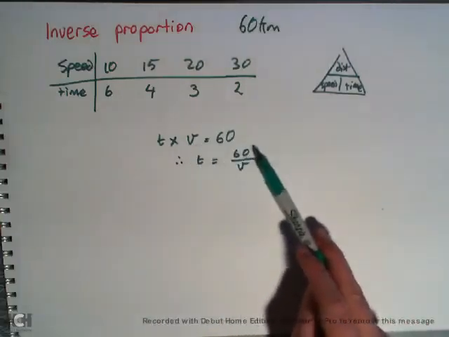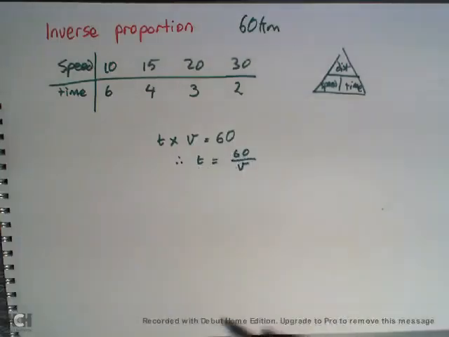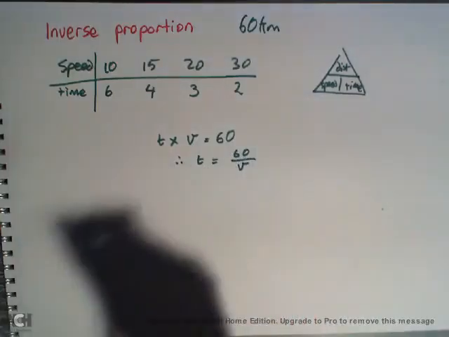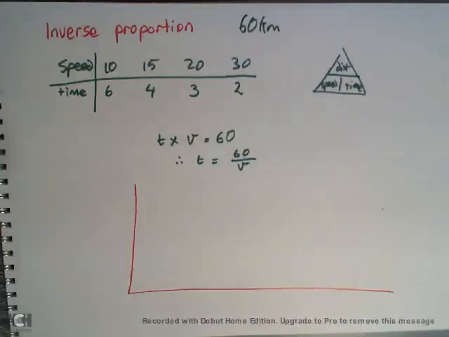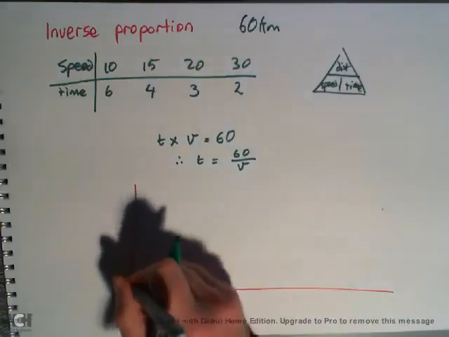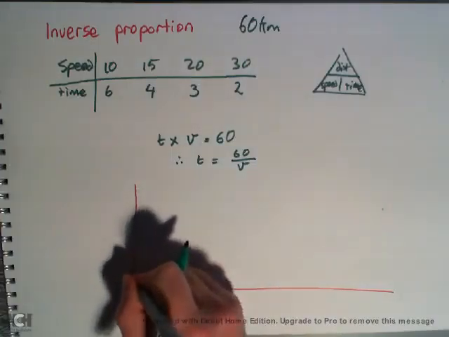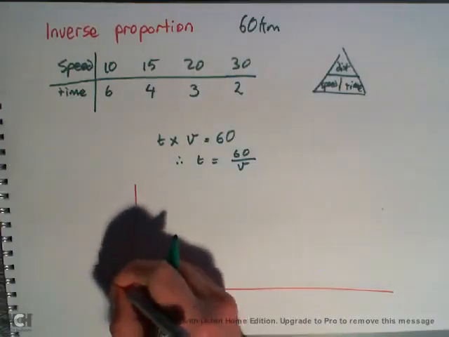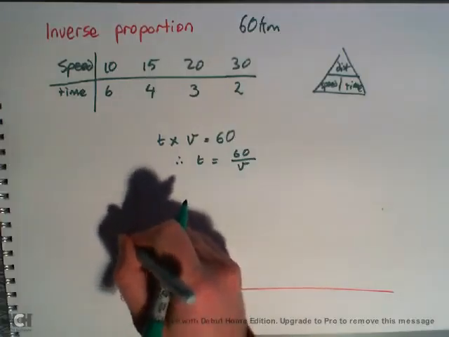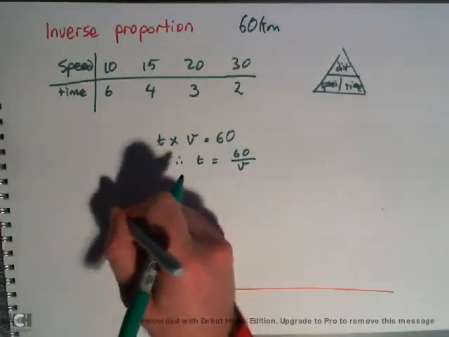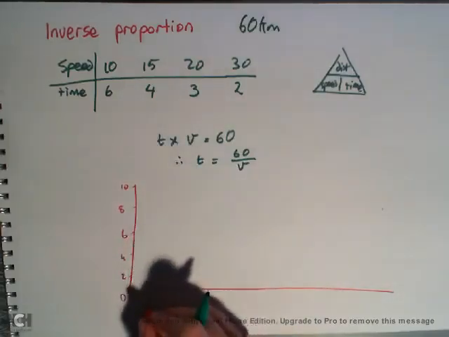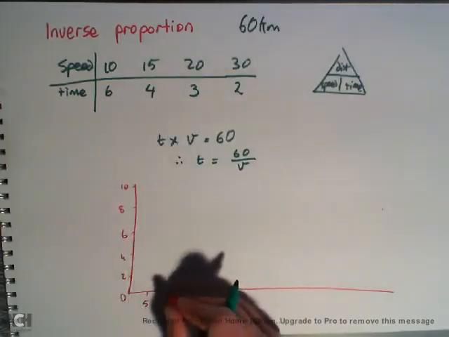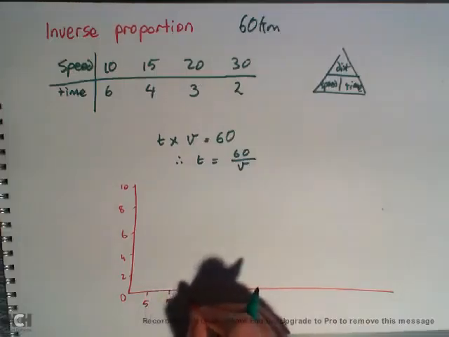So to represent this on a graph, we only want the positive values: time being positive, speed being positive. So we say 0, 2, 4, 6, 8, and 10 for the time, and our speed is going to be in intervals of 5.